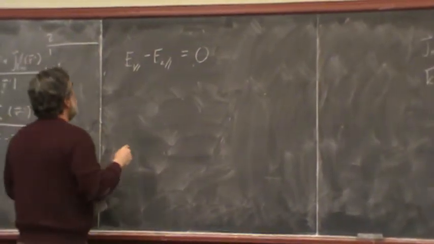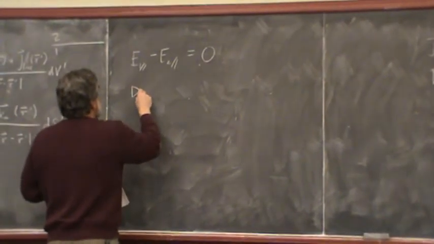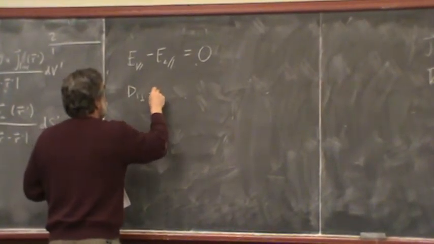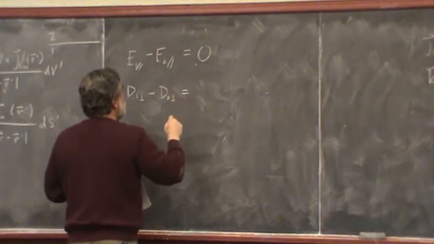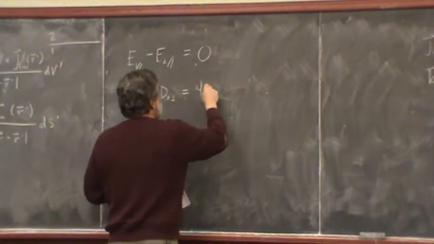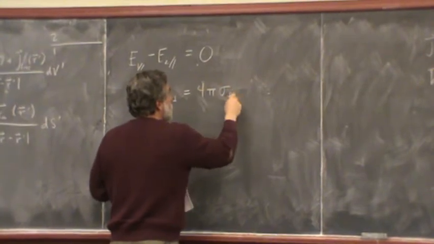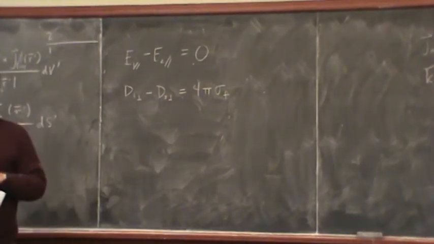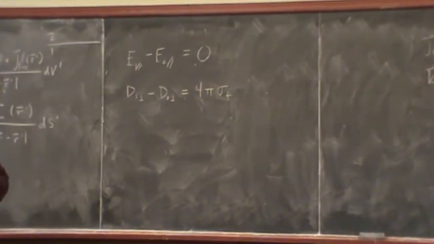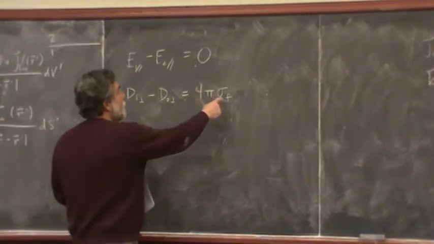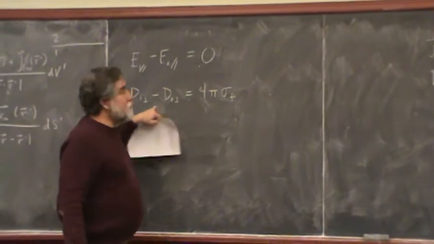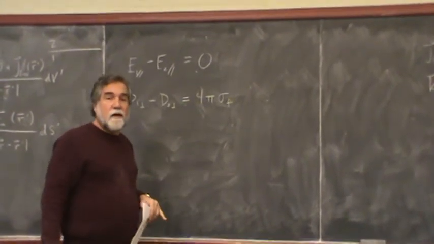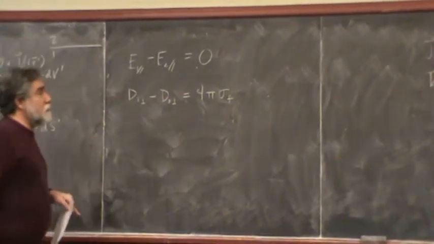And we had that D1 perp minus D2 perp is equal to 4 pi sigma free. So if I just have a dielectric, then I won't have any free charge on it. And I could have a polarized dielectric, and the D field is continuous across the interface, right?